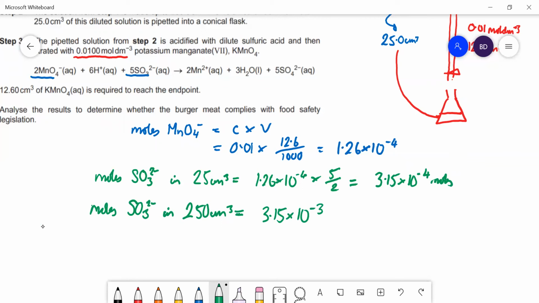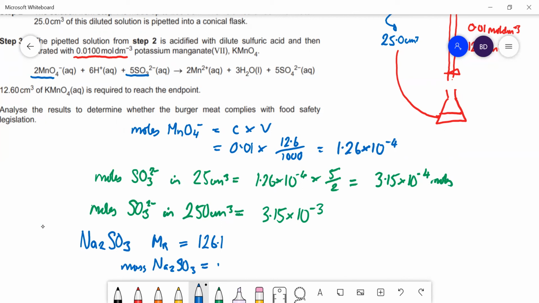Okay, now that comes as sodium sulfite. We want to work out the mass of that, so we need to know the MR. The MR of that works out to be 126.1. So what is going to be our mass of sodium sulfite?